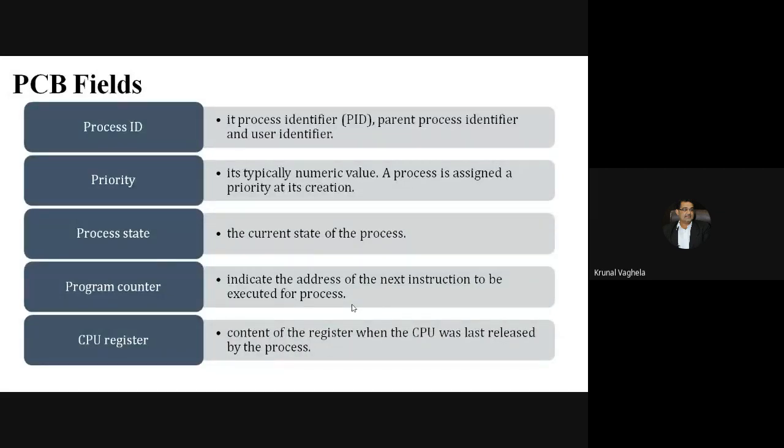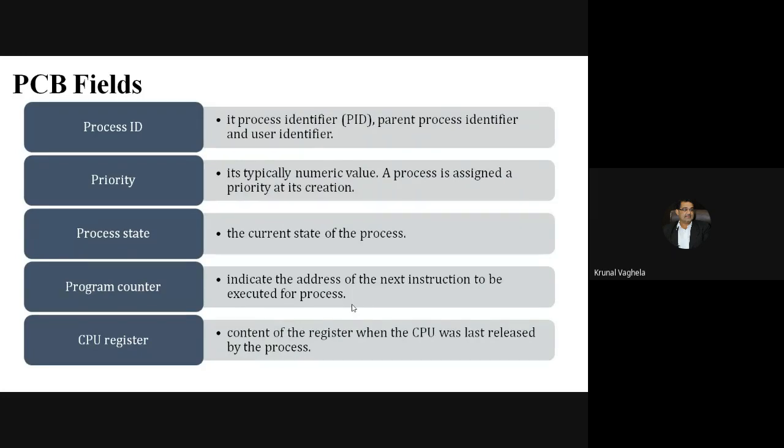A process consists of many instructions. Consider your C program. Now the program will start execution and the processor will execute the program one by one. So the program counter will store which instruction is to be executed next.